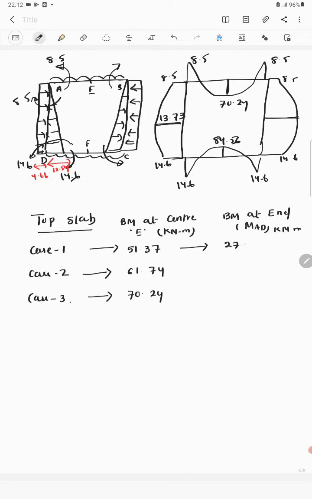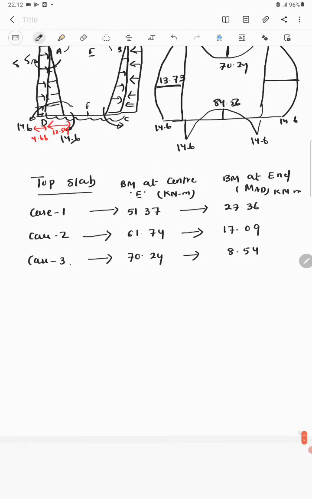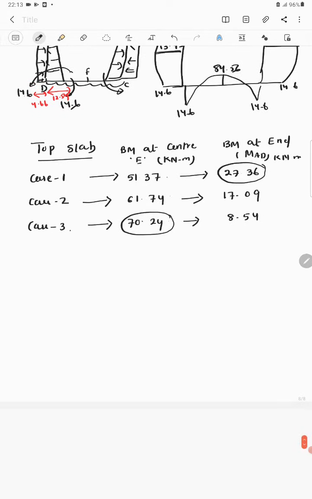This is 27.37 kilonewton meter, calculated in the previous video. For case 2, this is 17.09 kilonewton meter. For case 3, it is 8.54 kilonewton meter. So out of these 3, we have to choose the maximum value. So this one we will take.